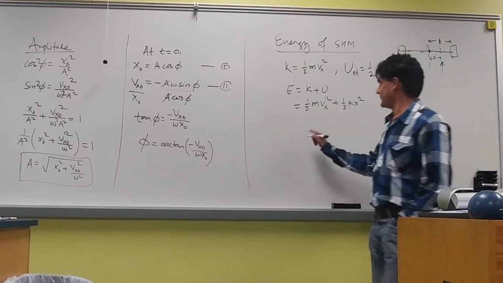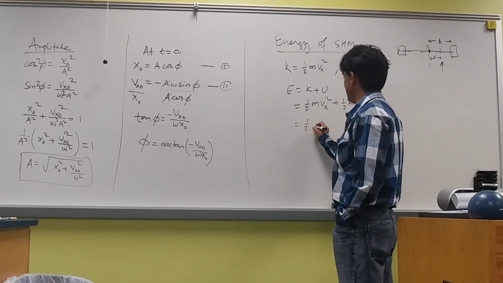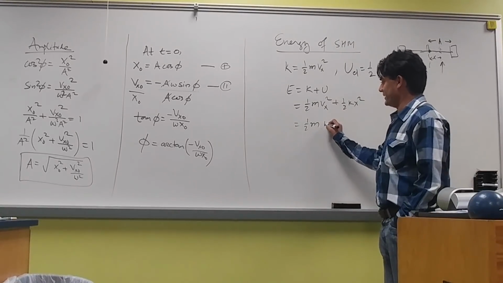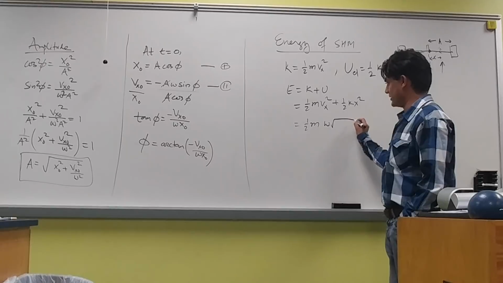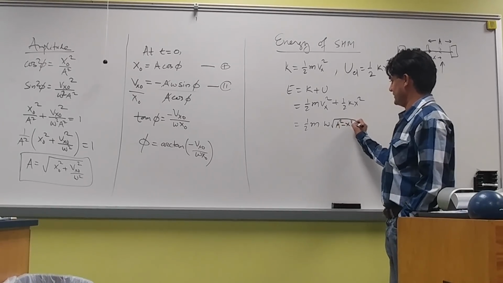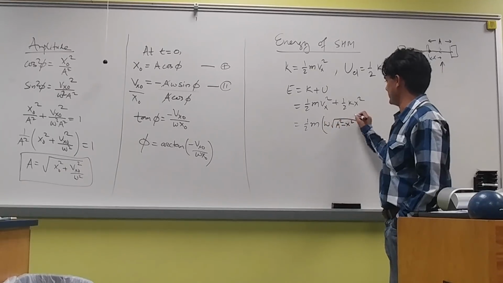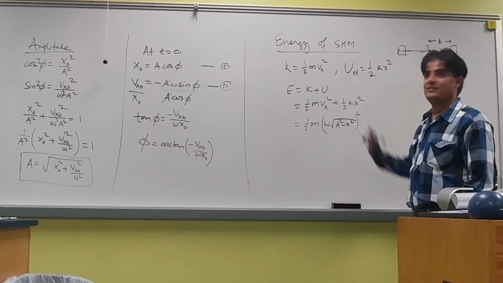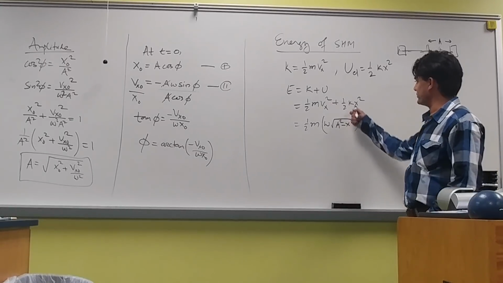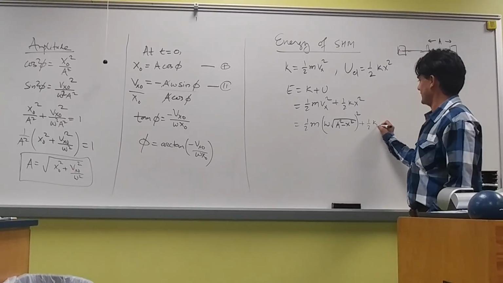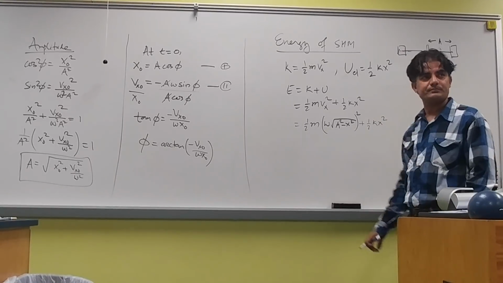Velocity is omega times the square root of a square minus x square. But now you have a whole square. So Vx is this. I'm trying to convert into x, so I'll leave it, plus 1/2 of k x square.